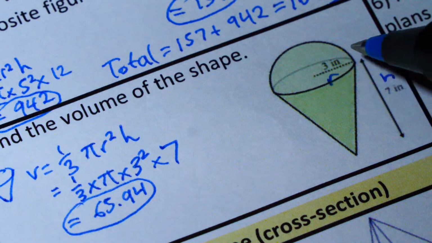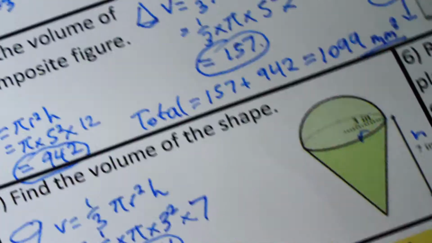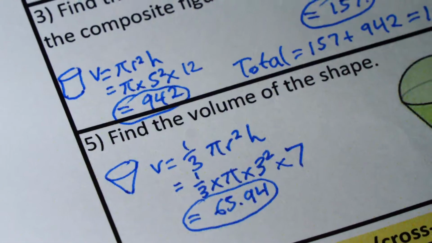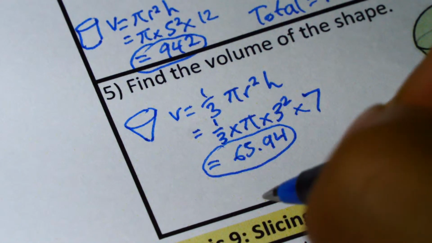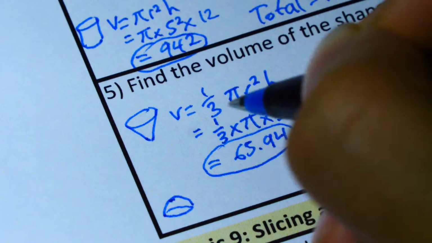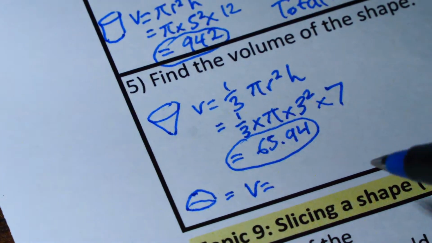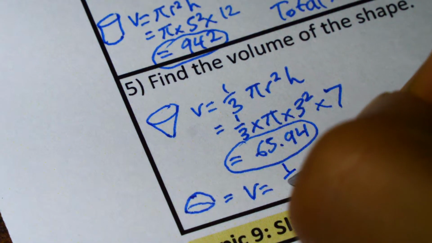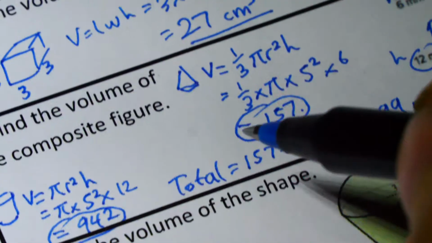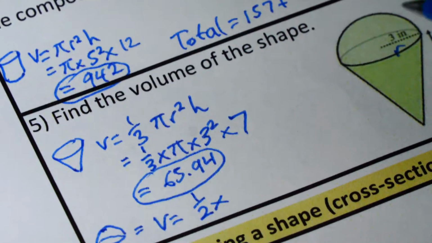Now we need the volume of this top part. So this top part is half of a sphere, half of a ball. Because it's half of a sphere, we're going to start the volume with half times 4/3 pi r cubed.